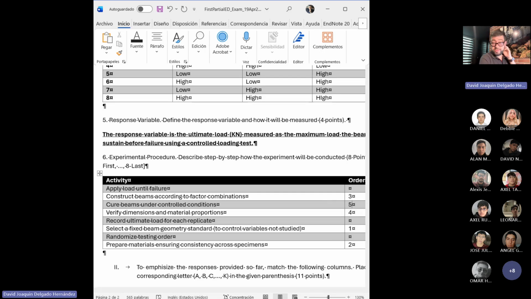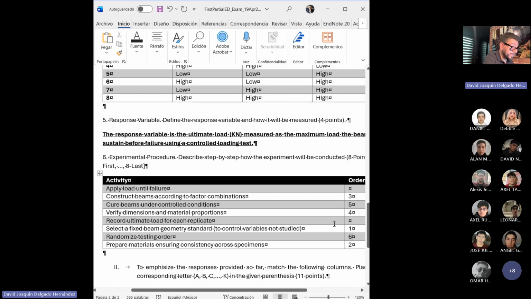Under controlled conditions, this means that you should add some water to the mix in order to avoid high temperature. Then the sixth is to randomize the testing order. You should carry out that step.